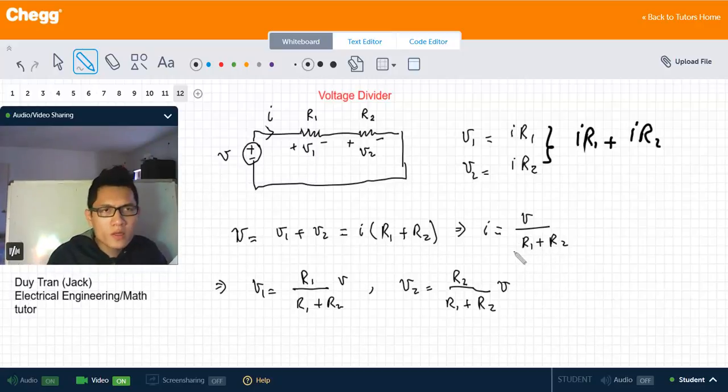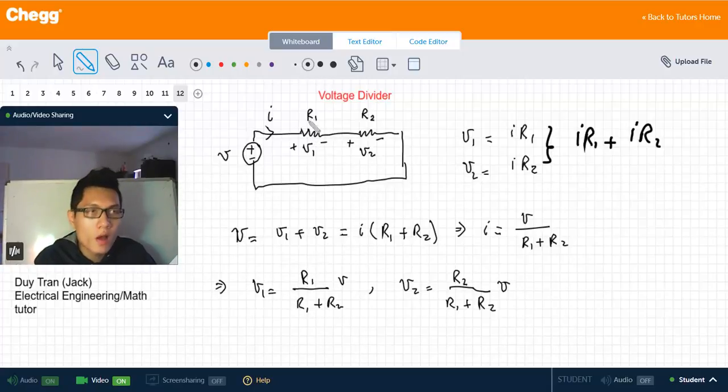And now the question is, how do we find the individual voltages of R1 and R2, which are V1 and V2, with the value of the source voltage?